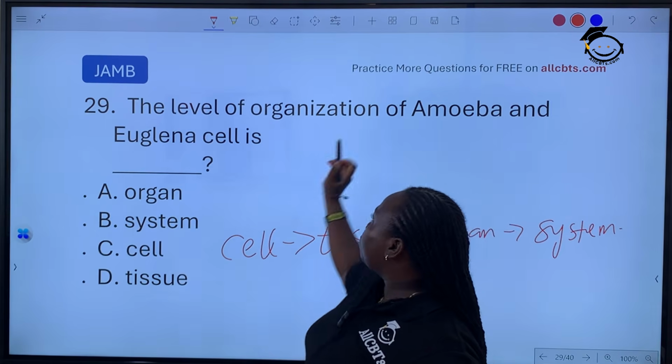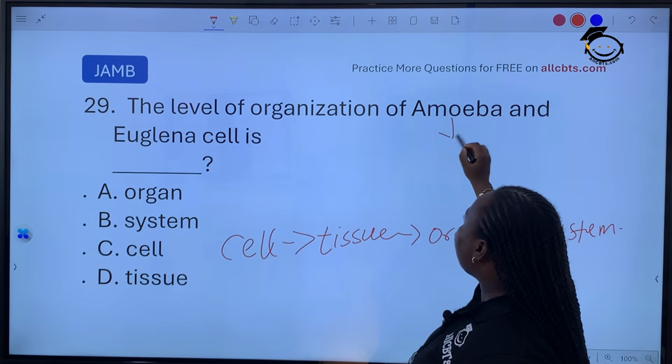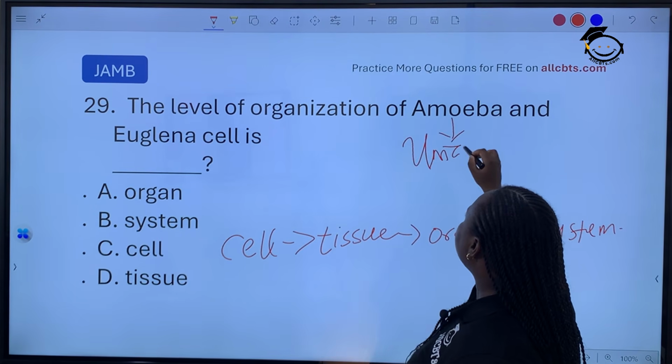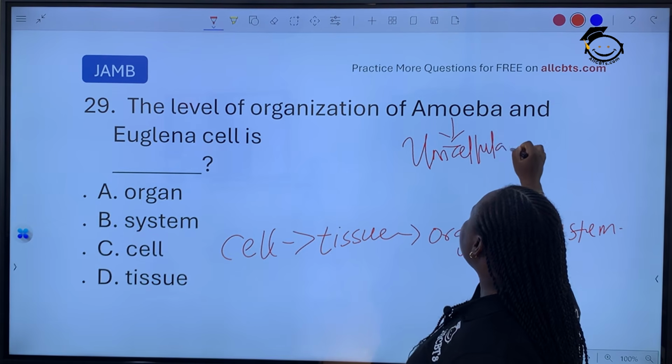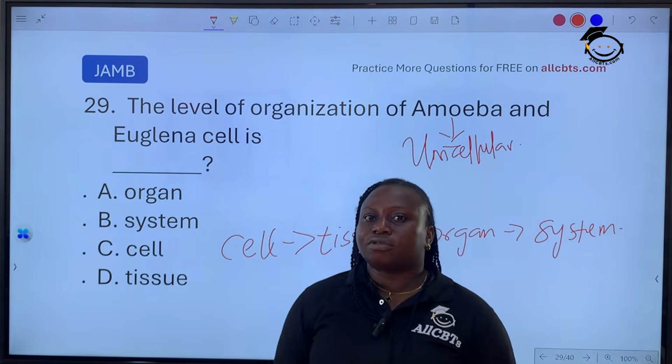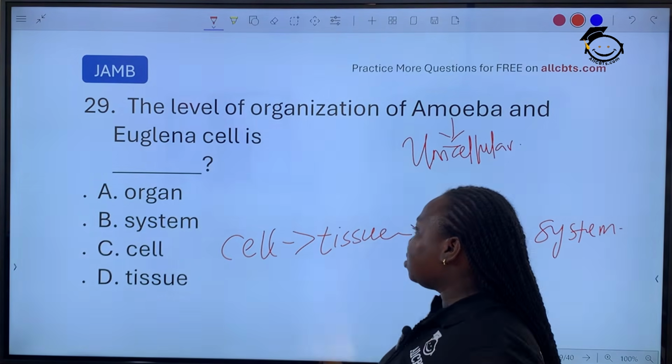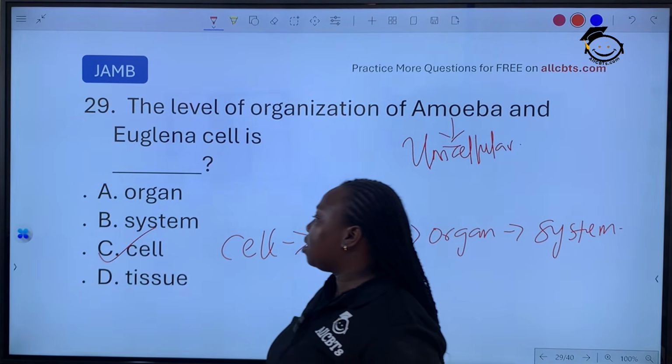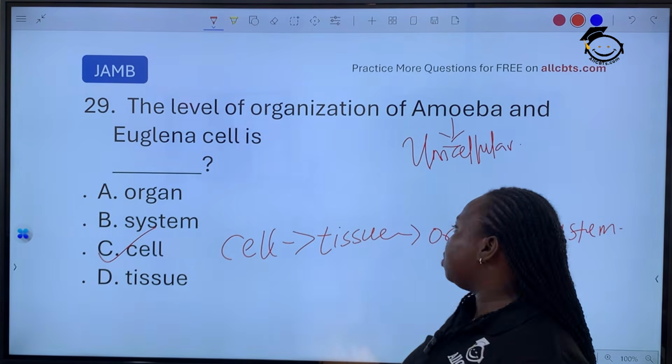Now, euglena and amoeba are unicellular. Now, what does this mean? It means they are one-celled. So this makes them exist in a cellular organization. Option C.